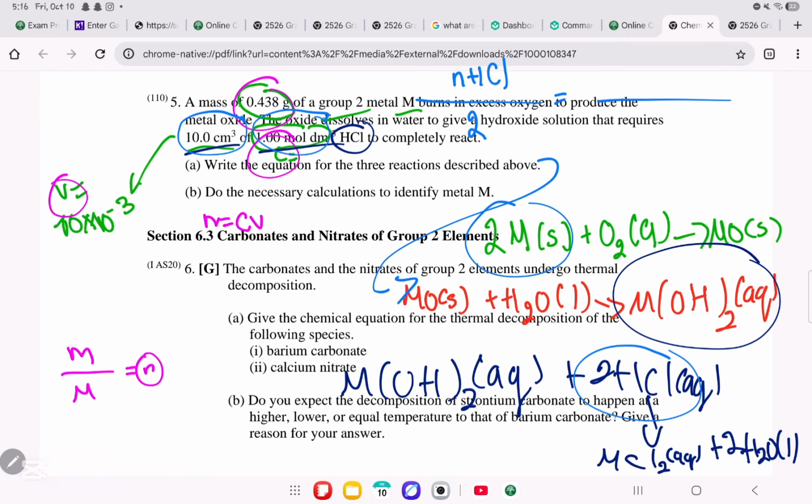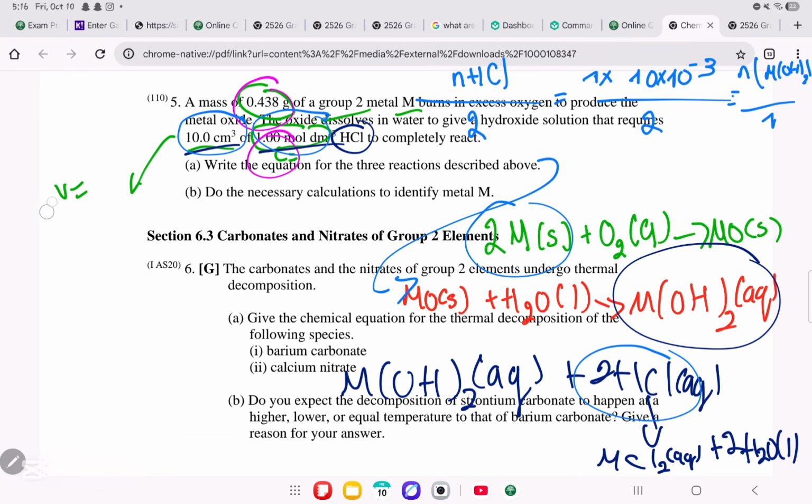It's going to be the concentration, which is 1, times the volume, which is 10 times 10 to the power of minus 3, divided by 2. This is equal to what? It's equal to the number of moles of metal hydroxide, so n M(OH)2, over the coefficient, which is 1. Now, you can find the number of moles of metal hydroxide by doing what?